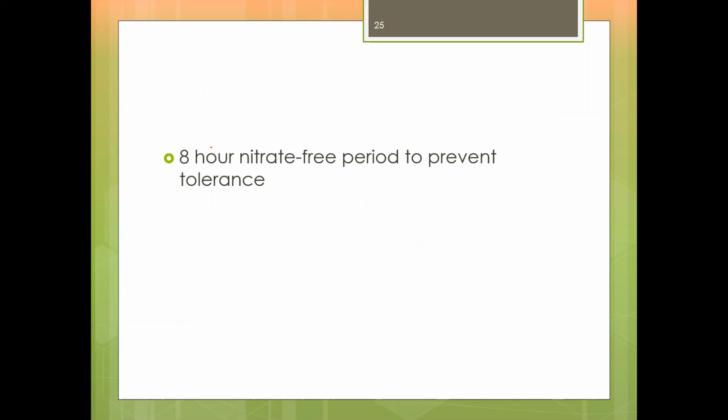And we usually institute an 8-hour nitrate-free period to prevent tolerance, okay? Because the issue with nitrates is that it's a drug that patients get tolerance to very easily.